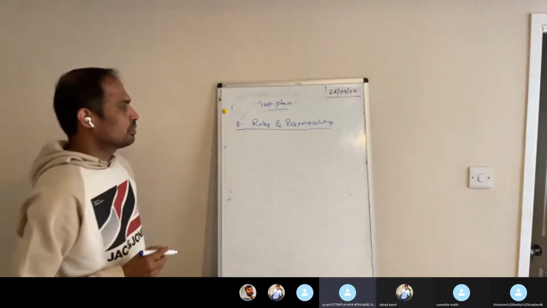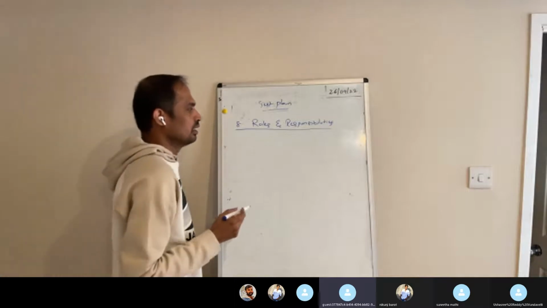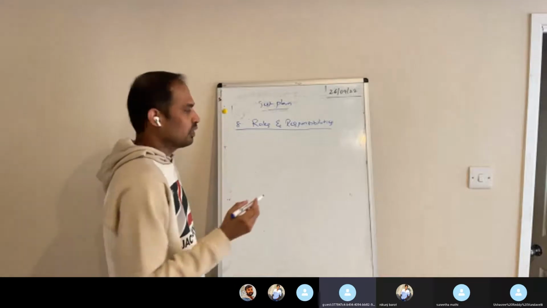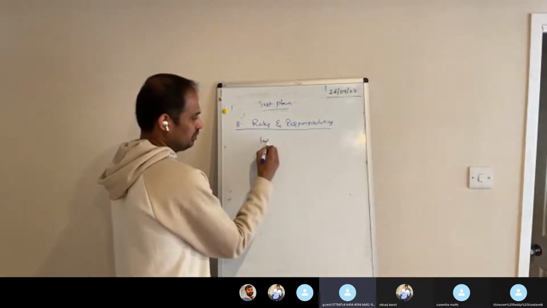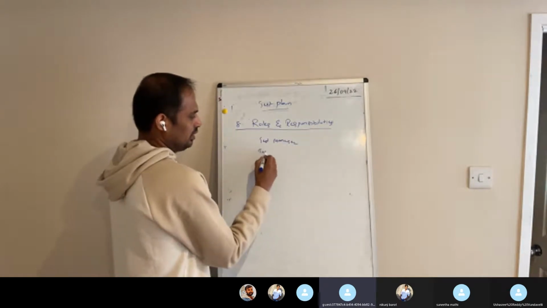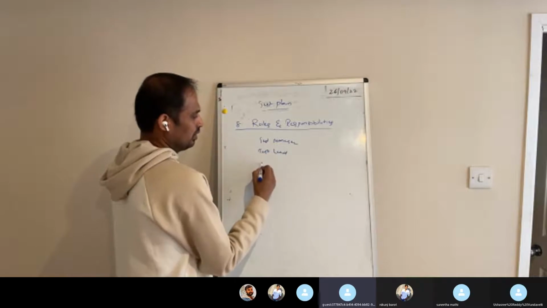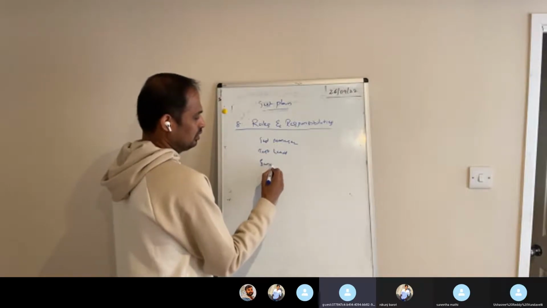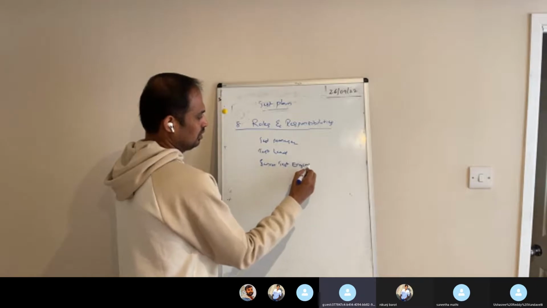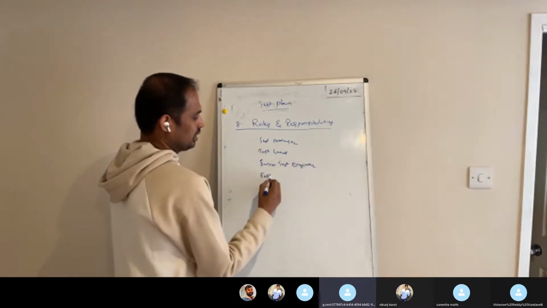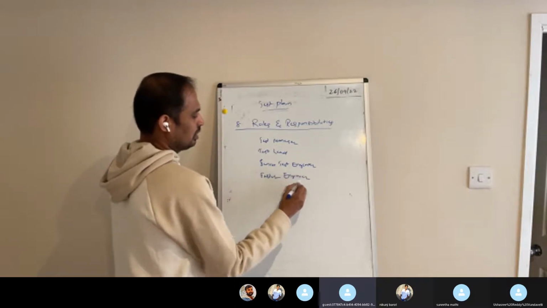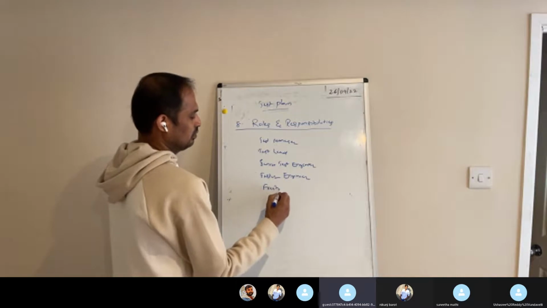So here in roles and responsibilities, we are going to discuss all the roles of each team member: test manager, test lead, senior test engineer, test engineer, and we'll also have a fresher.